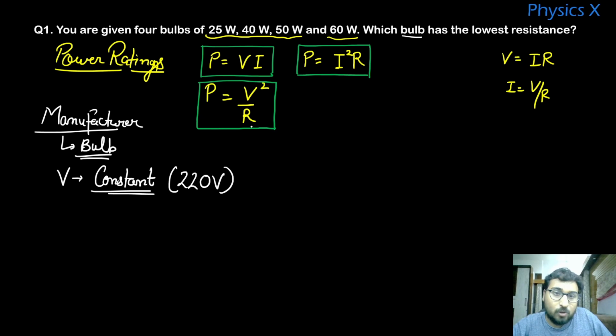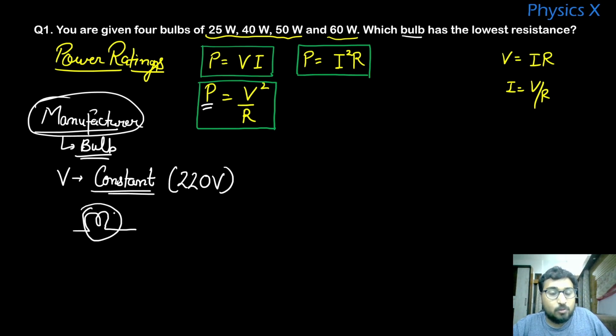Now, if voltage is constant, what is the design parameter available with the manufacturer so that he can decide the power rating, that is, up to what numerical value of power this bulb is capable of? The material or the filament used to make this bulb, its resistance, will govern this power.